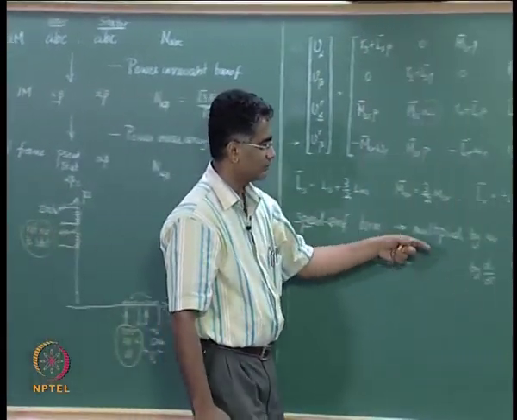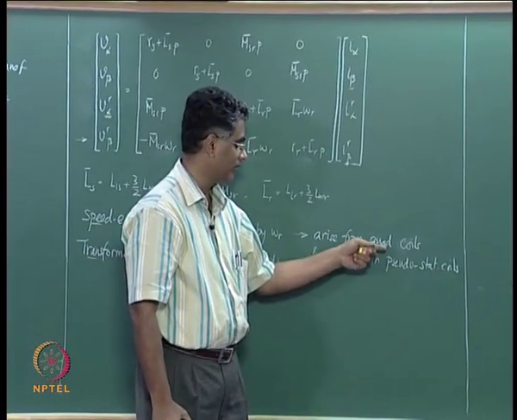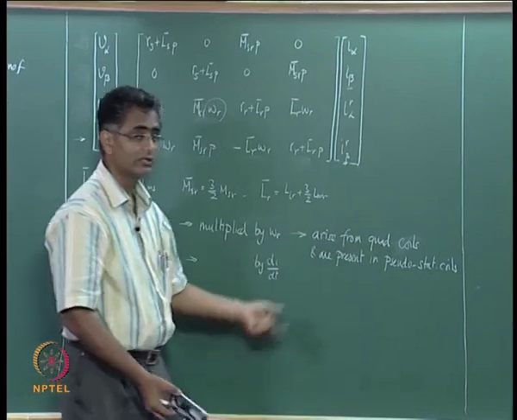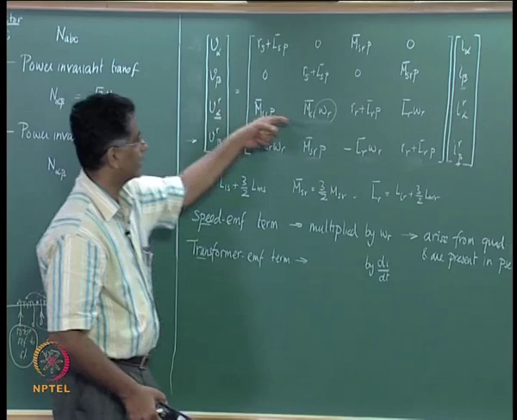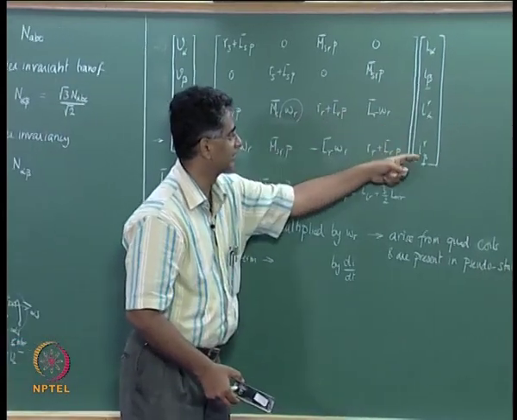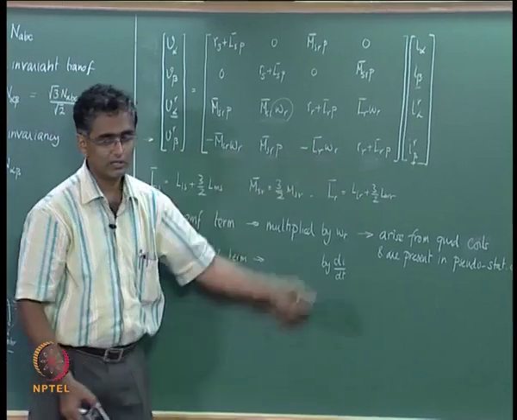So, you find speed EMF terms in the pseudostationary coils, and those speed EMF terms arise due to coils on the other axis. Alpha speed EMF term arises due to coils on the beta axis, beta speed EMF term arises due to coils on the alpha axis.